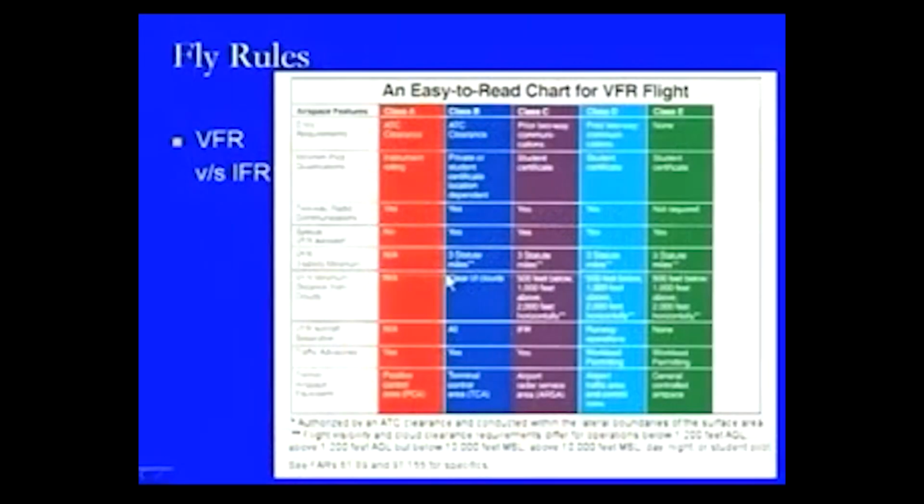Here we have an easy to read chart being provided, which defines the various classes of airspace on the basis of entry requirements, the pilot qualifications, the radio communications, and the type of VFR allowed with respect to weather and flight. This is the case being used in the US.